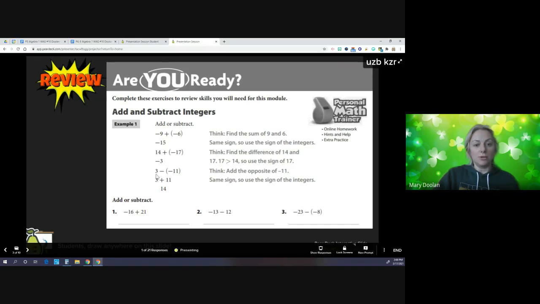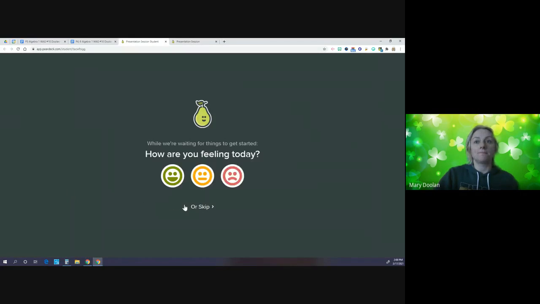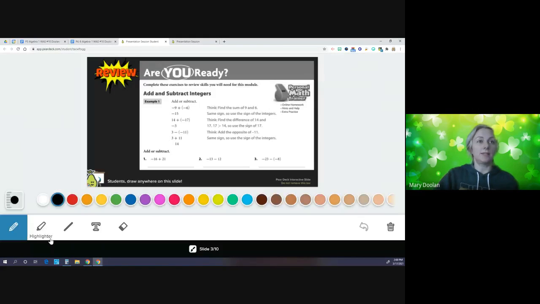Other example here, 3 minus -11. Whenever you subtract a negative, you're actually adding the opposite. Let me add to this with the line tool. Write this down.